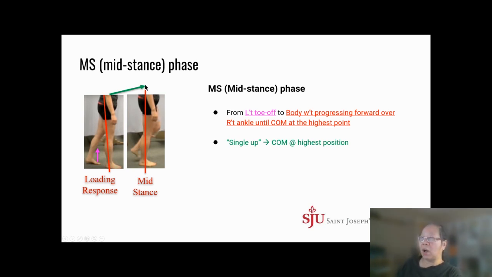So we call it single up. Okay, leaving the ground, weight transfer, center of mass reaching the highest point. That is the mid stance phase. The left leg will be in the swing phase and is moving forward. The right leg is in single stance.